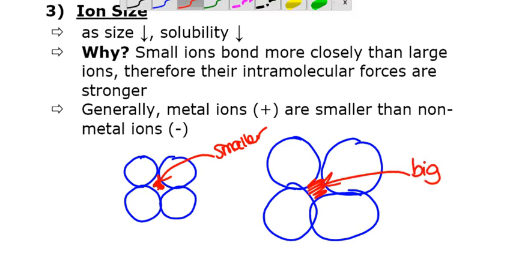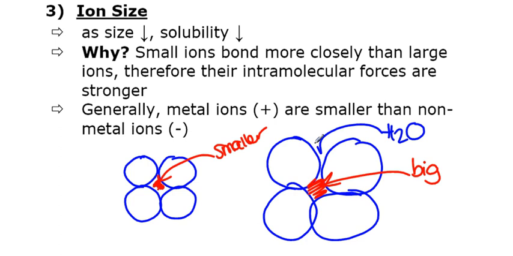So when that water molecule wants to come in, and remember from the last lesson we talked about water dissolving, it's got to come in and disrupt the bonds between the positive and negative ions. So is it going to be easier for water to get into that smaller gap or to get into that bigger gap? It's probably going to be a bit easier to get into the bigger gap.